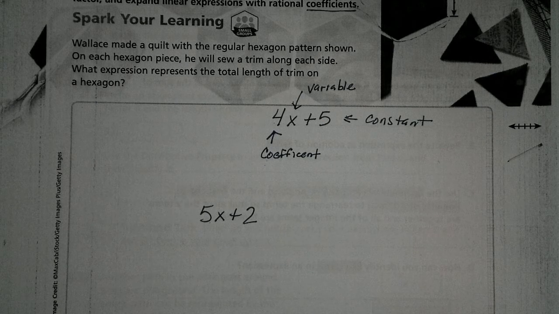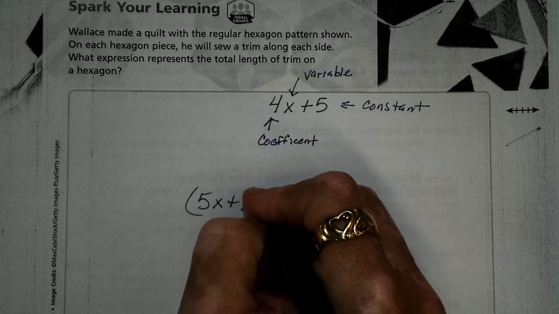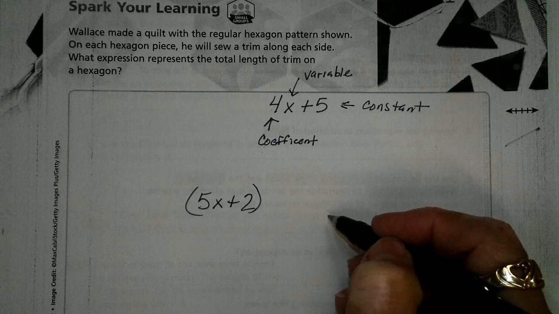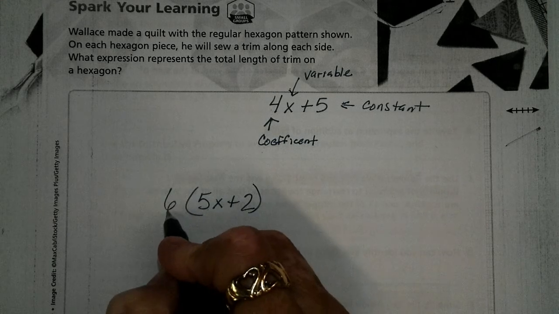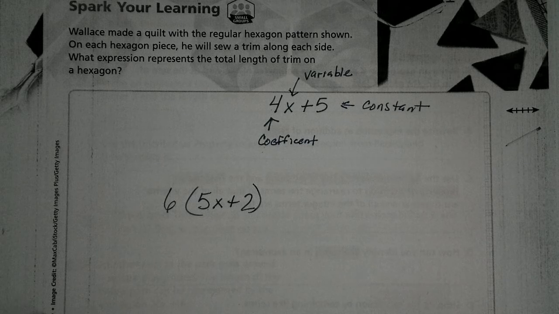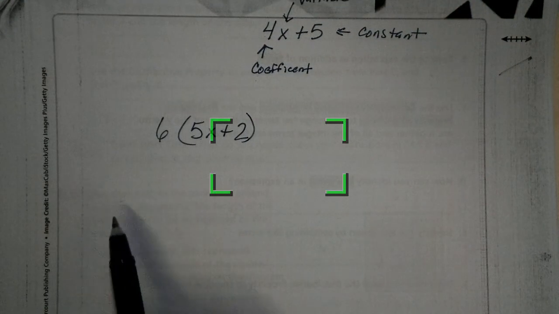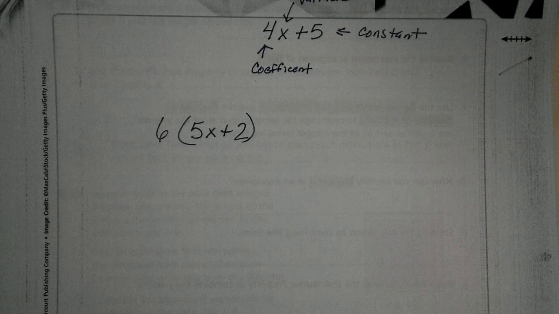So I just think we would put them in parentheses, and since it's a hexagon, times 6. Yep. So that's one way to do it. The other way is I could do 5x plus 2 plus 5x plus 2 plus 5x plus 2 plus 5x plus 2. I could do that 6 times, right?